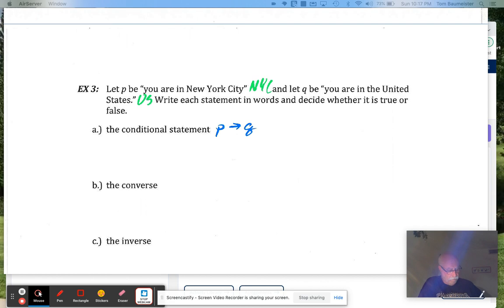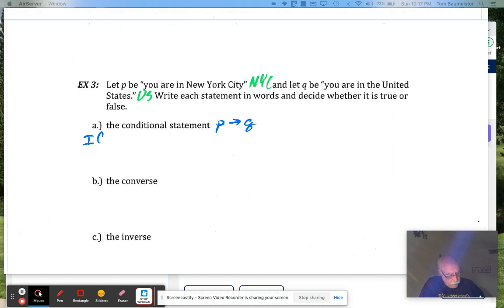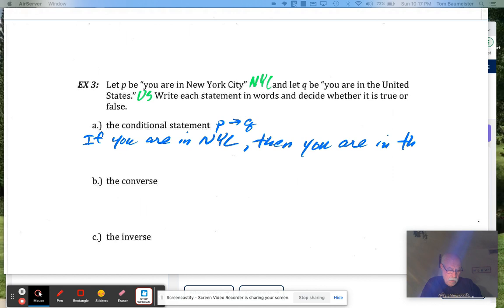And we would say, if you are in New York City, then you are in the US. All right. Do you think that's a true statement? Well, of course, that one's true.